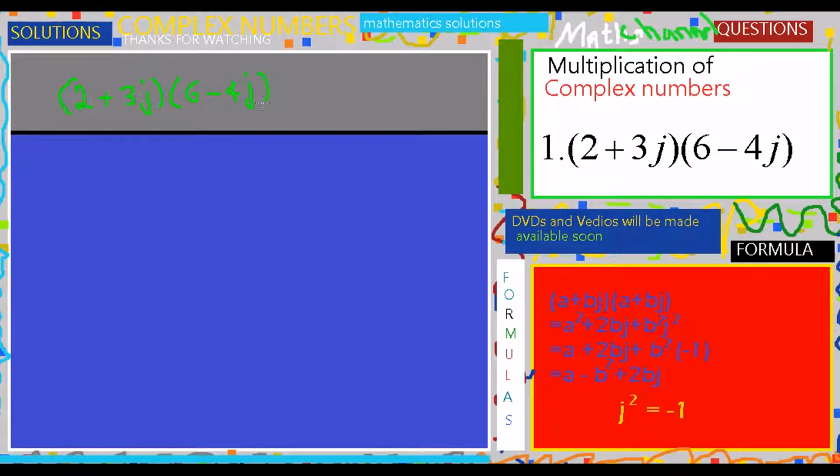When you multiply this, you multiply as you do when you solve for x.